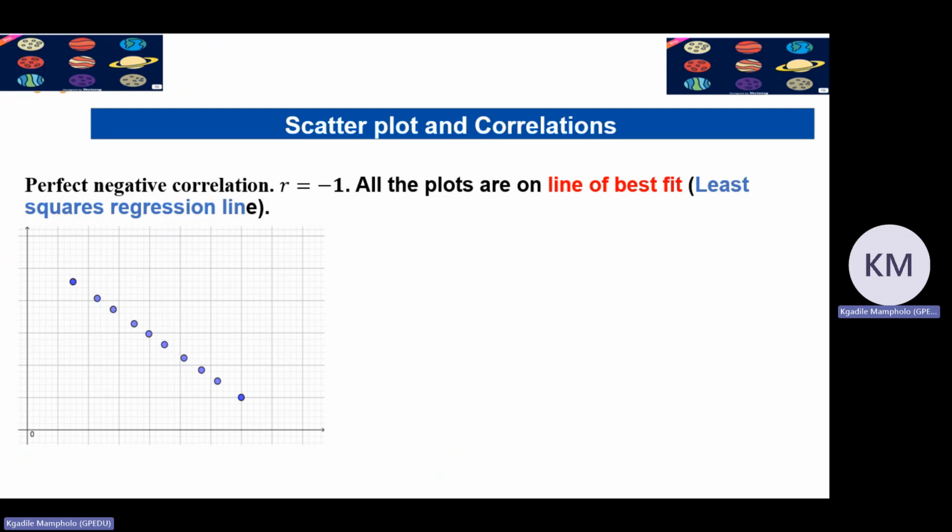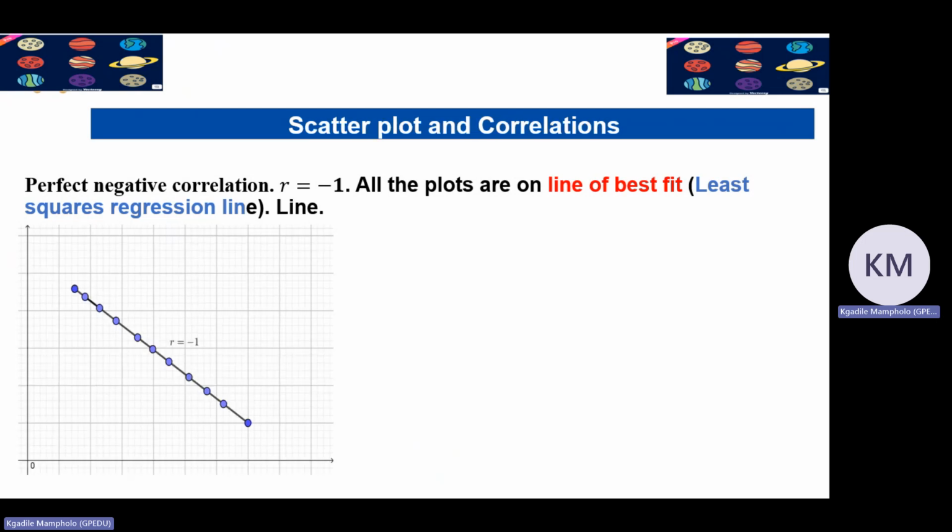If I draw the line like this, all the points will be on the line. So if one is asked to comment on the correlation, you will say there's a perfect negative correlation. But if you are just given the table, you will calculate. If R is -1, then you will say there is a perfect negative correlation.